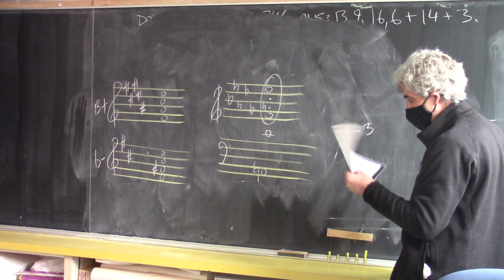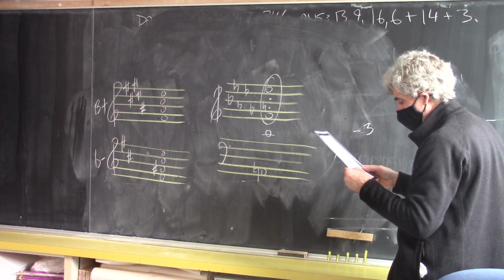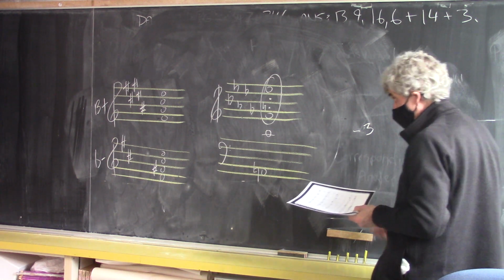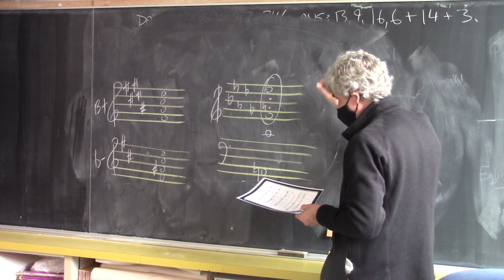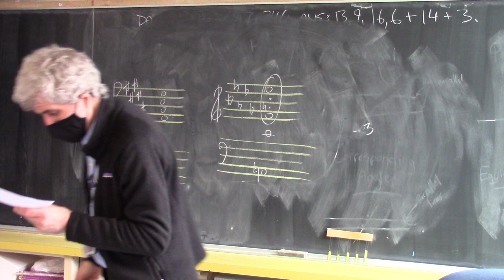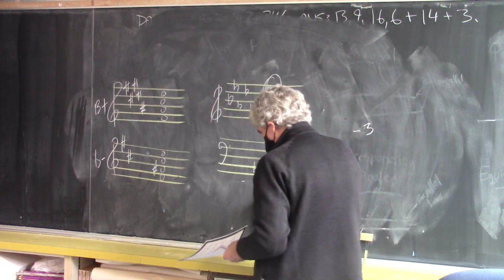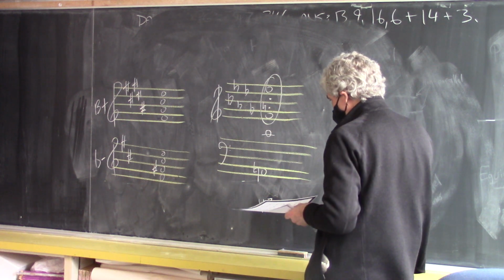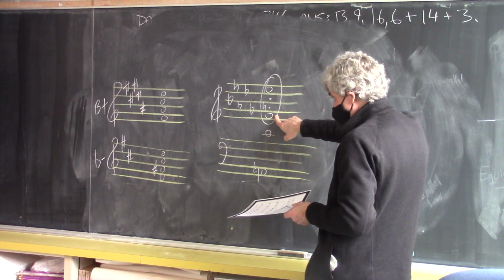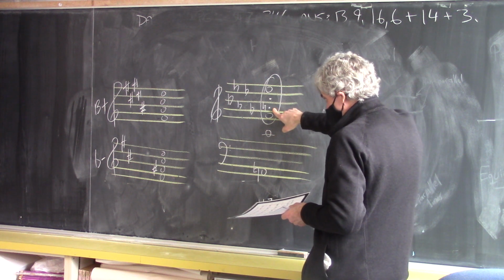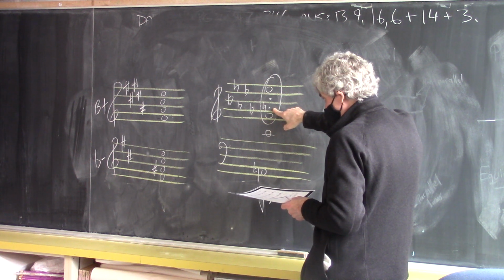Okay, so my first question is, let's do chord type. Is it diminished 7th or dominant 7th? Yeah, dominant 7th, because it's a major chord. If this is the 5th note of your scale, that A natural is the raised leading note.